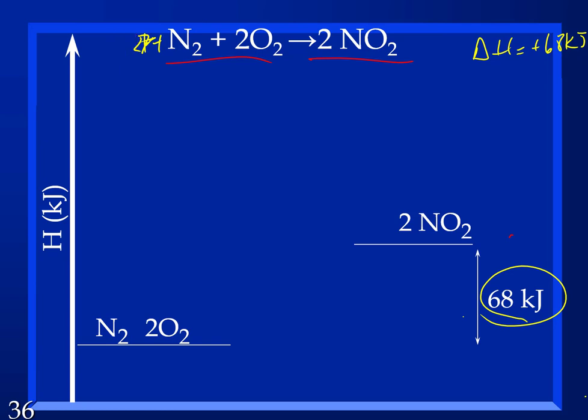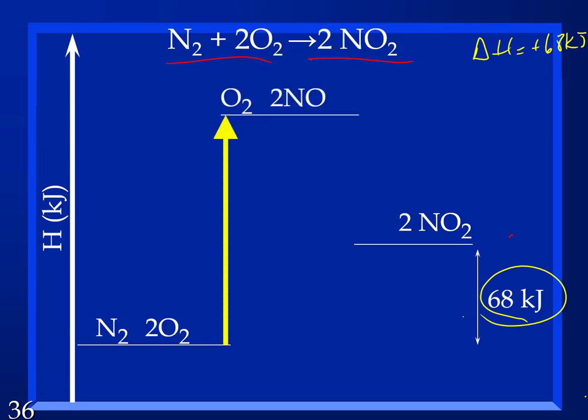Now, to figure out how much energy that gives me, I can pretend that it happens in 2 steps. First, one of the oxygens hangs on to N, and then the other oxygen. So my first reaction is N2 plus O2 goes to 2NO.